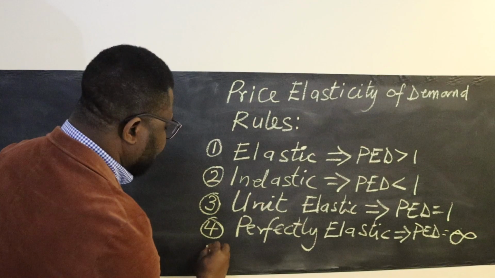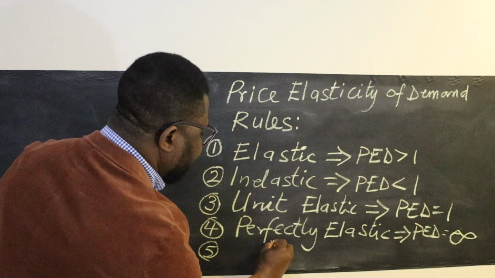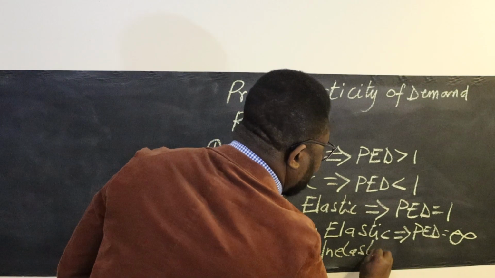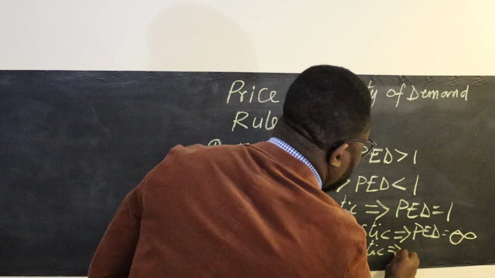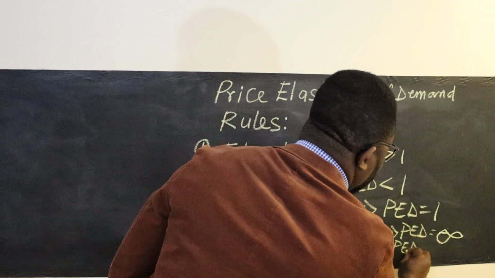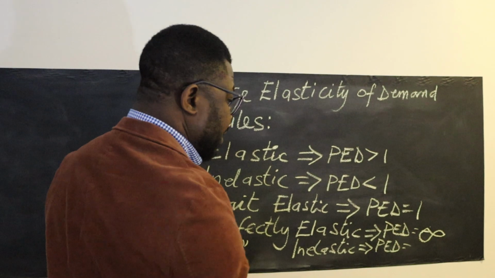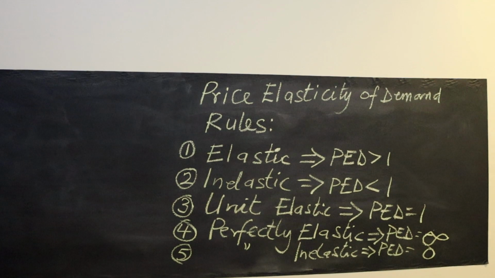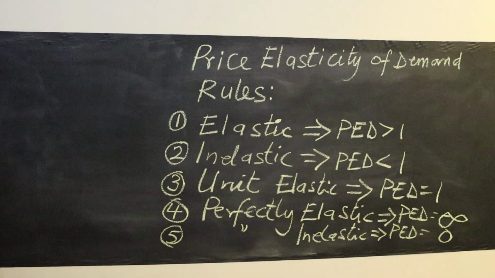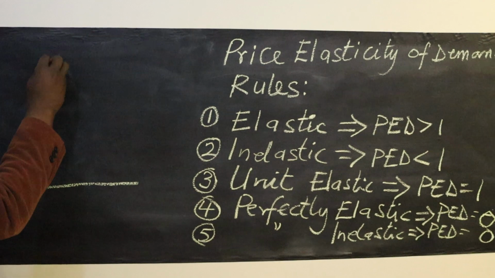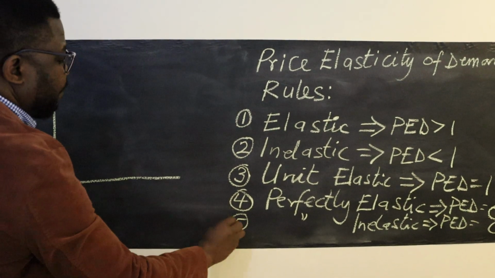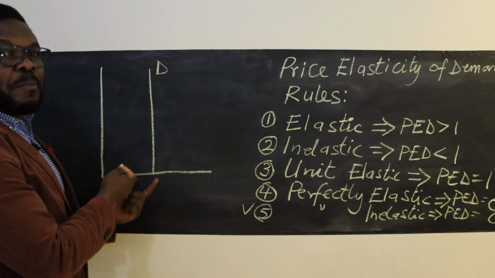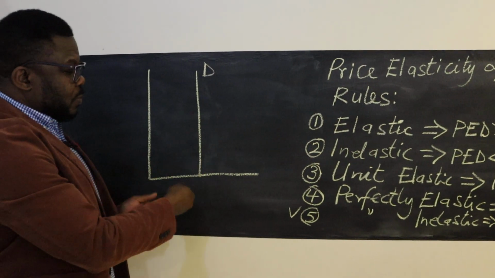The very last one, number 5, is perfectly inelastic. And for this one, PED is going to be 0. I'll explain the last one a little bit, because it's very interesting. What is happening is your demand curve is perpendicular to the horizontal axis.